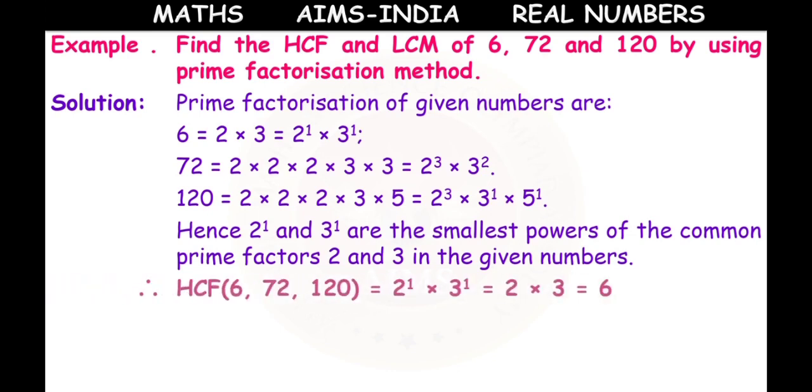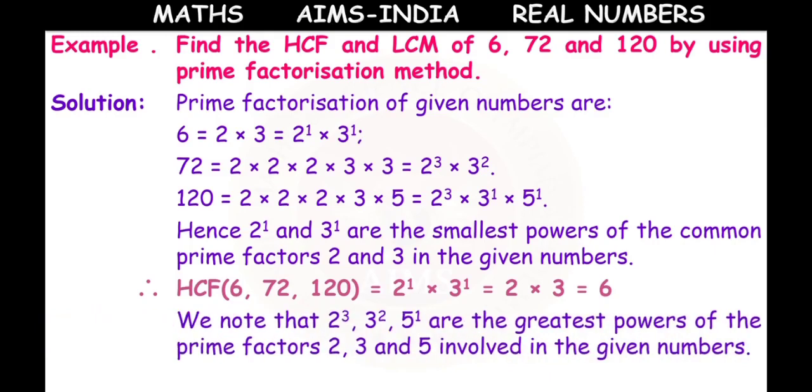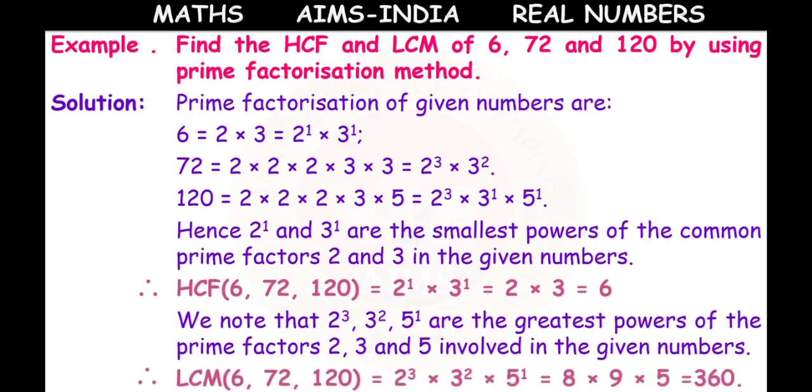HCF means the product of prime factors with the smallest exponents. So the greatest powers are 2 cube, 3 square, 5 power 1. LCM means the product of prime factors with the greatest exponents. Like that we can find HCF and LCM.